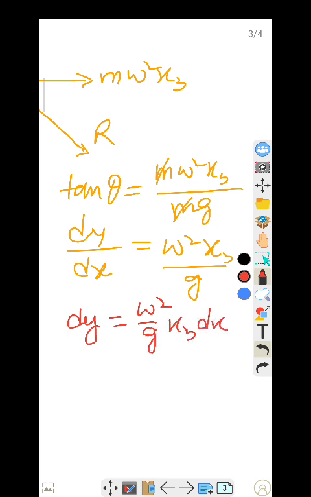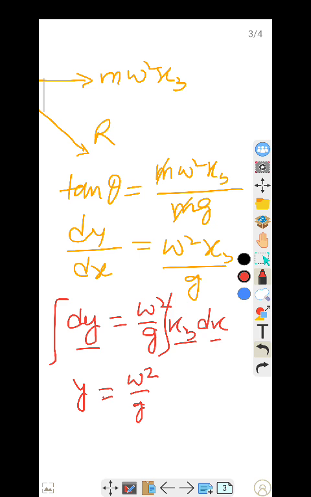So we have written y depending on x, or r, the distance from the rotational axis. Now we can integrate it. Omega square by g is a constant, so it is kept outside the integration.